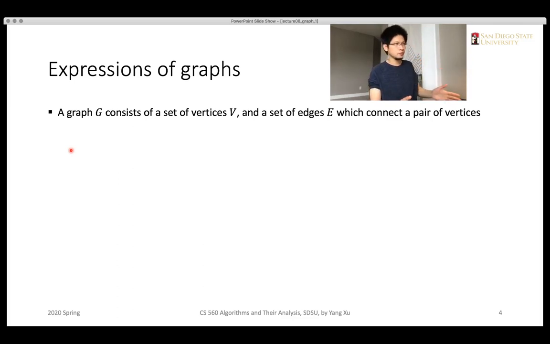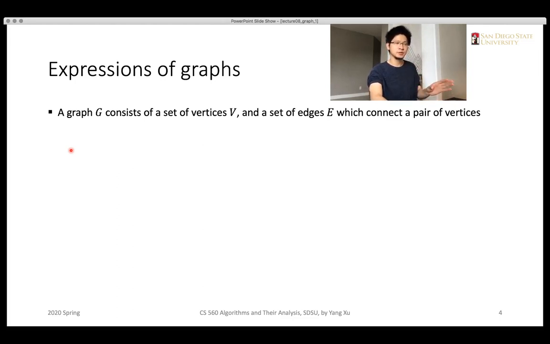So we use a capital letter G to indicate a graph, and a graph consists of a set of vertices. We use the capital letter V to indicate the set of all the vertices, and also the capital E to indicate the set of edges. So one edge connects a pair of vertices.